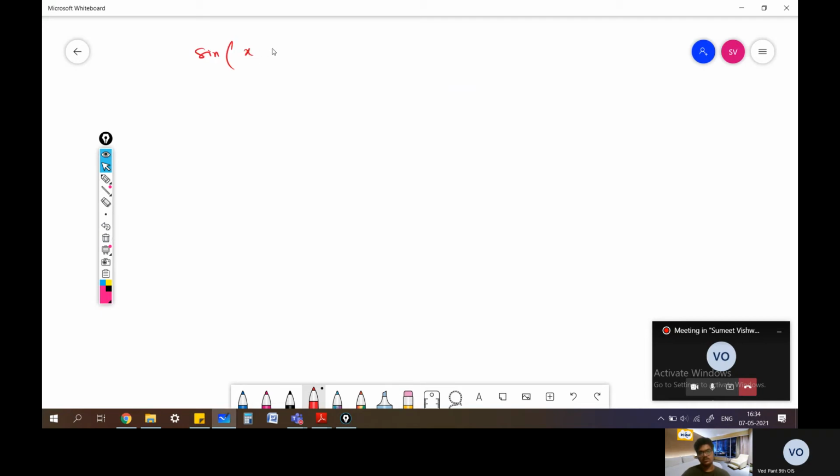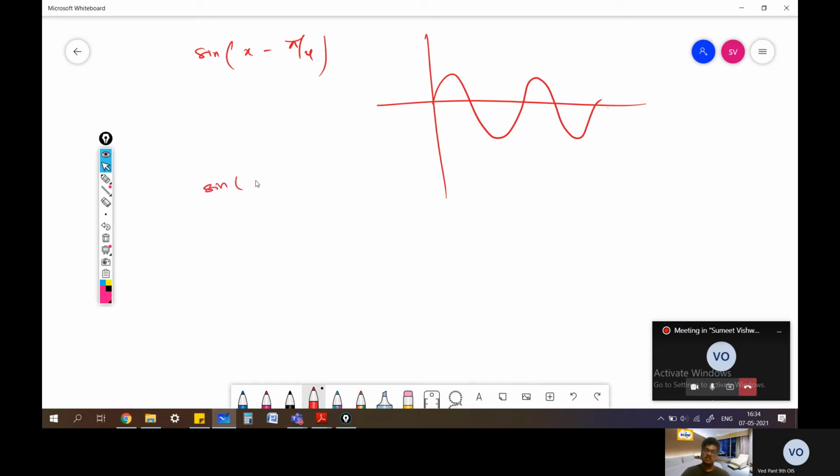So sin x minus pi by 4. We already know how the sine function works. It is like this. I'm not drawing the proper diagram. So sine x minus pi by 4. Pi by 4 means 45 degrees. That means this is my 90 and this is my 45, half of 90. So my function will shift towards this.